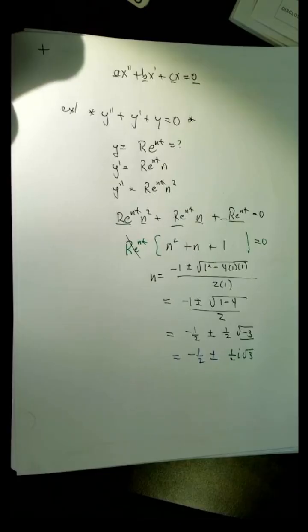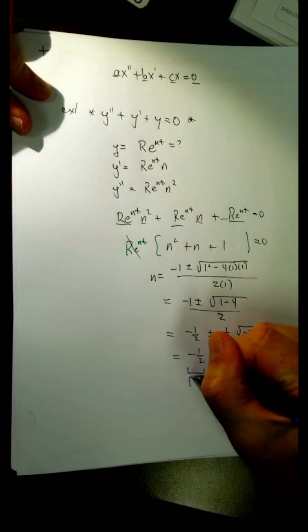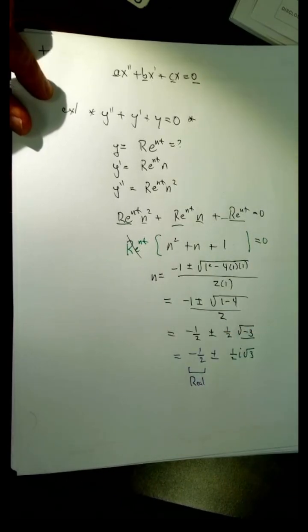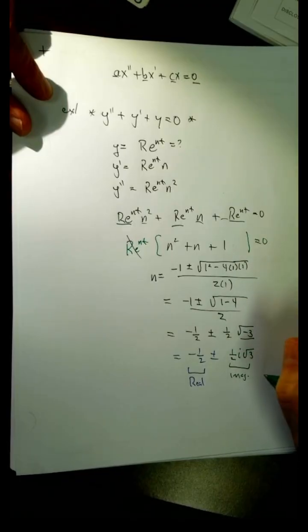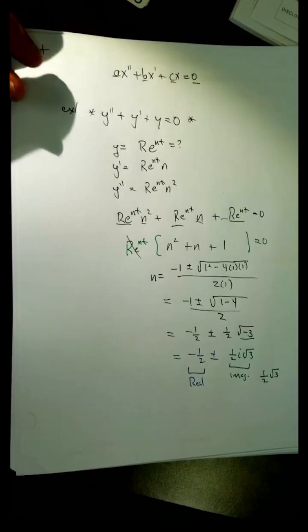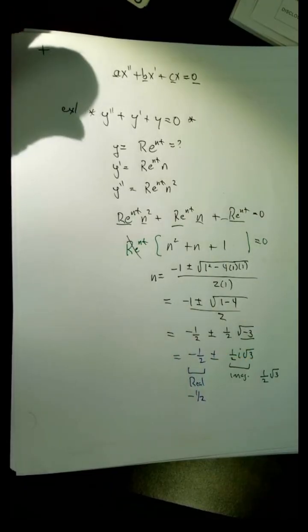So my roots to the equation, I haven't said this, but this is called the characteristic equation, or the roots of the characteristic equation. I've got two parts. I've got the real part, and I've got the imaginary part. In this case, the imaginary part is 1/2 times square root of 3, and the real part is minus 1/2.